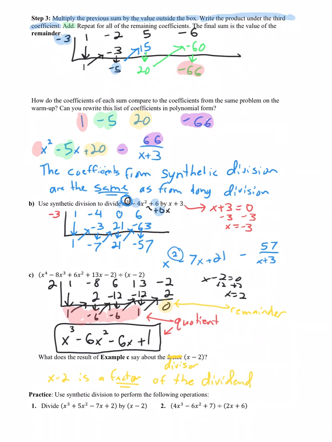And the dividend in this case was x to the fourth minus 8x cubed plus 6x squared plus 13x minus 2. So x minus 2 is indeed a factor because it goes in evenly. There's a remainder of 0. That's how you can tell it is a factor.